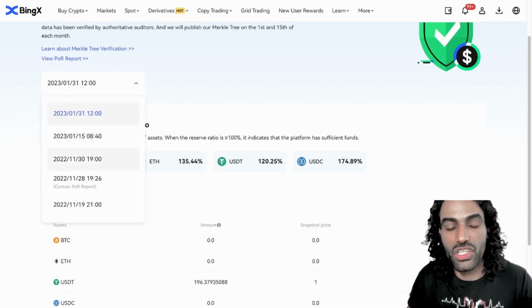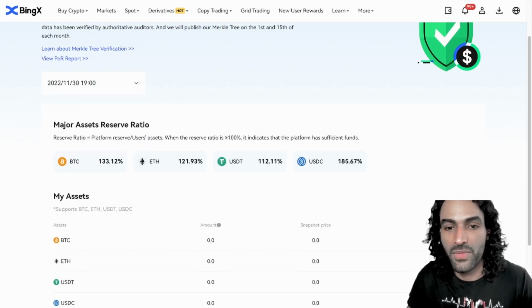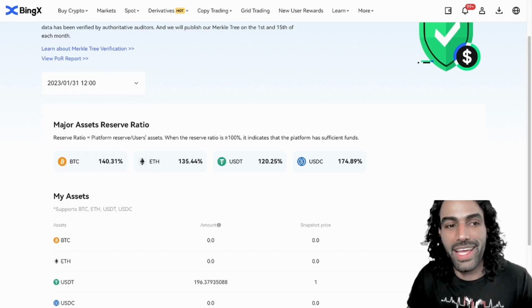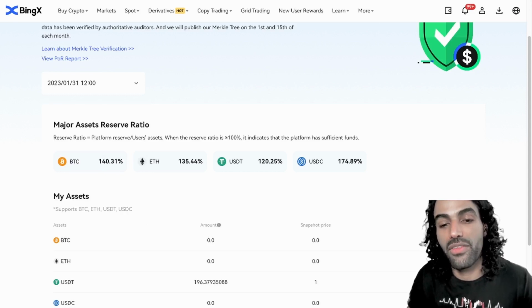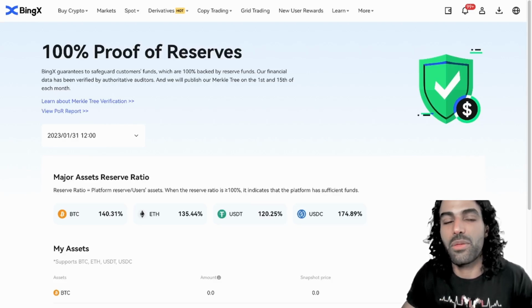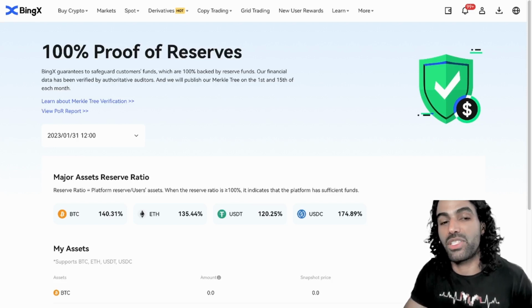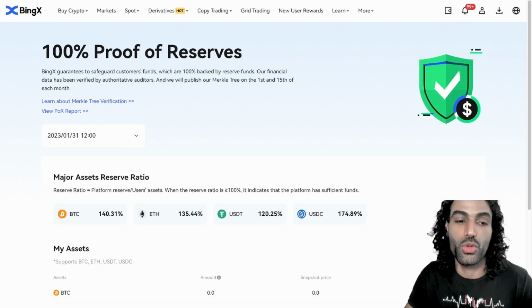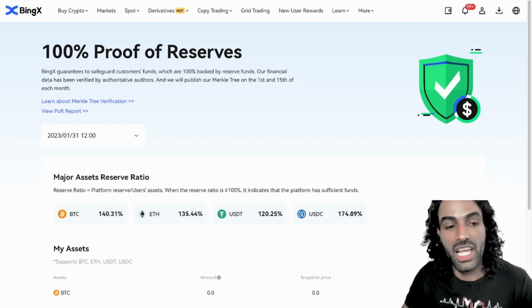Go back last year and see this reserve, how much. We see that USD Tether is 112, and again we have still 112, and here 120 in the last month this year. We have more reserve this year for USD Tether. This gives us information and confidence that BingX will not have the same problem as FTX and bankruptcy, because we have reserve proof of over 100% for those important cryptocurrencies on this exchange.